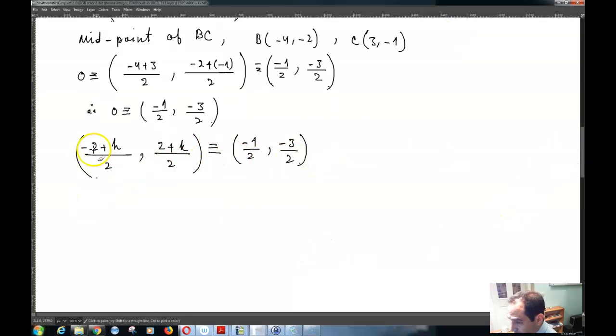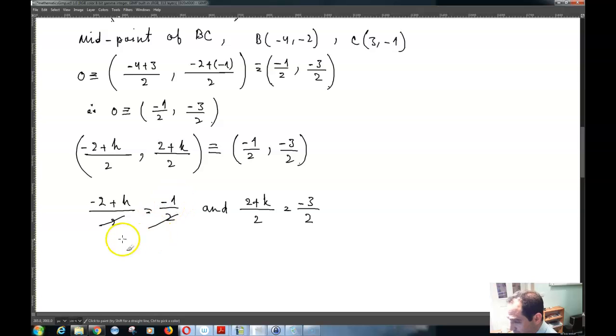What that means is that negative 2 plus h divided by 2 is equal to negative 1 by 2, and 2 plus k divided by 2 is equal to negative 3 by 2. Simplifying, h is equal to negative 1 plus 2, which is 1. And k is equal to negative 3 minus 2, which is negative 5.